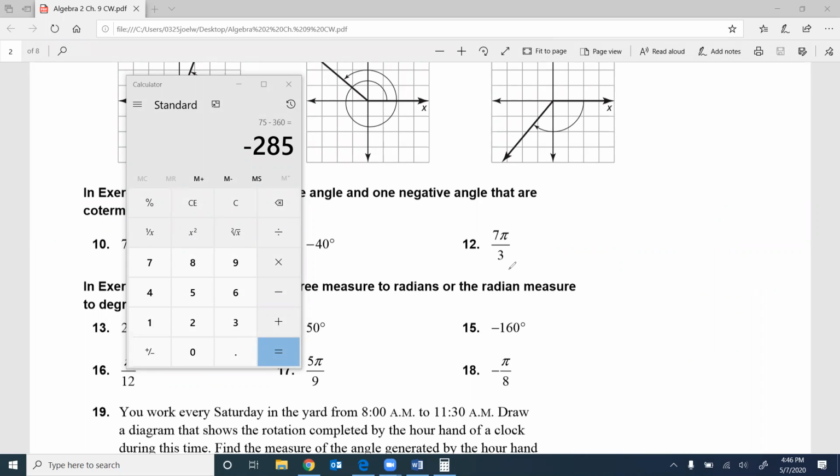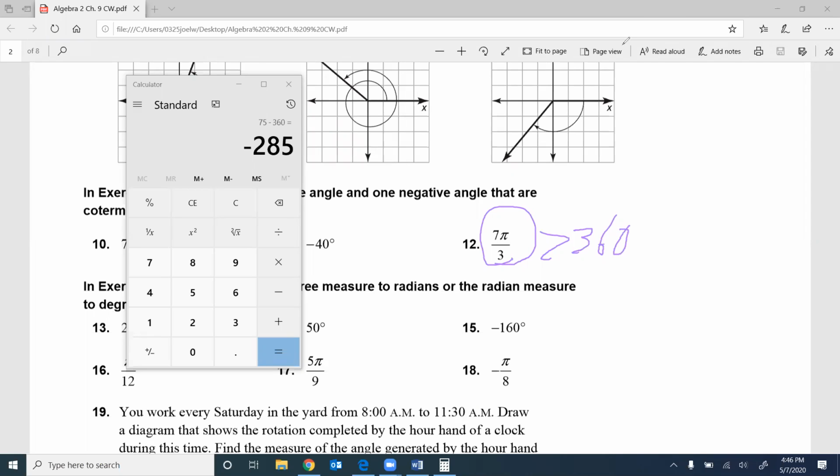So this right here is greater than 360 degrees. So because of that, we need to subtract 360 degrees, or 2 pi, and then that will still give me a positive answer, and then I'll have to subtract it again.